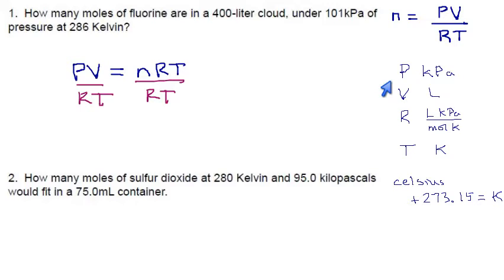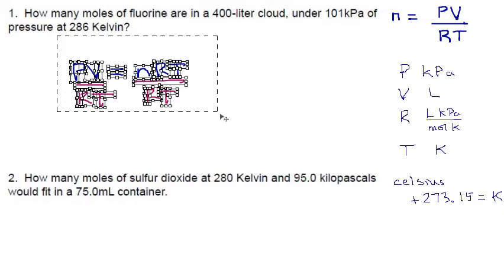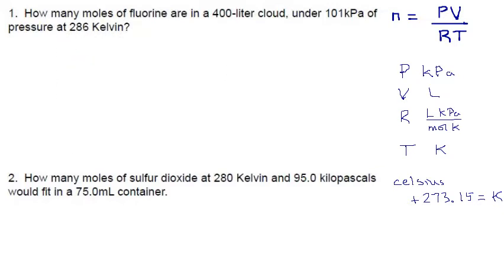So, let's see what we can do with an example here. Another nice point about the ideal gas law, it works for every gas as long as the conditions are right. So when this says fluorine, we say, don't care. We don't have to do anything different for different gases with the ideal gas law, so that's a trouble saver.